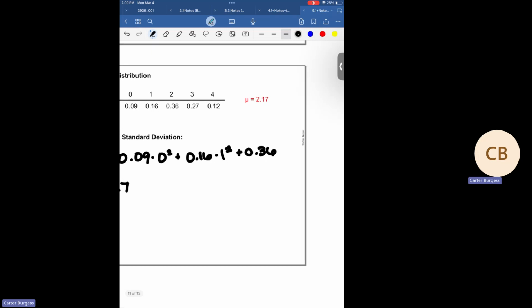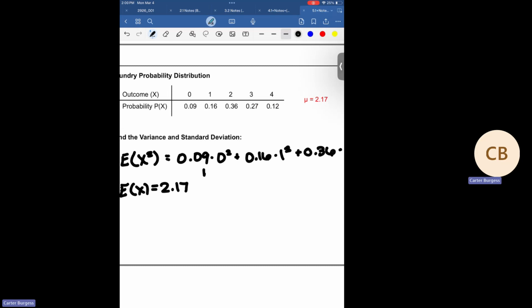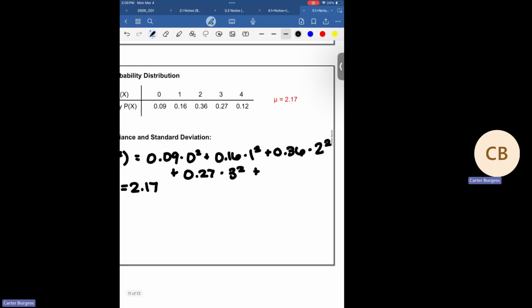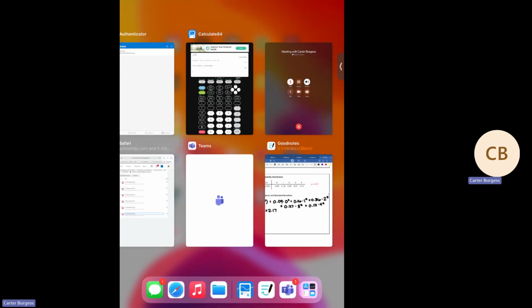Okay, so 36% times 2 squared plus 27% times 3 squared plus 12% times 4 squared. Which, again, in our calculator, it's literally just going back through.